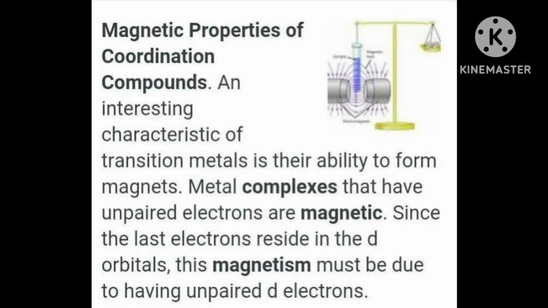In these cases, if unpaired electrons are there in the d orbitals, then the complex will be paramagnetic, and if all orbitals are filled with two paired electrons, then it will be diamagnetic.